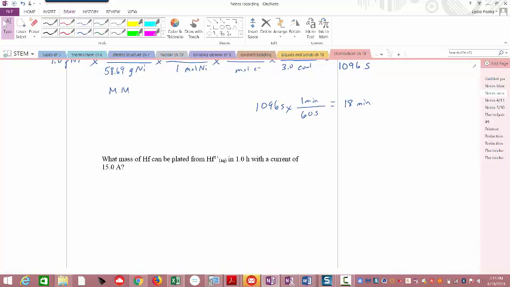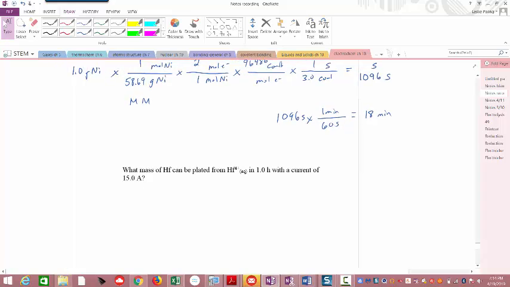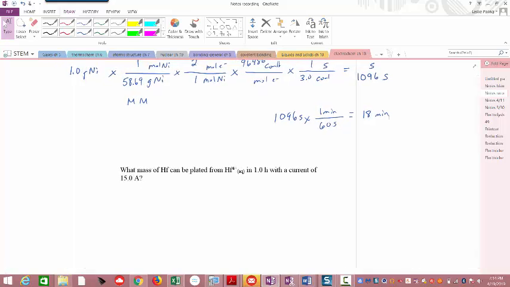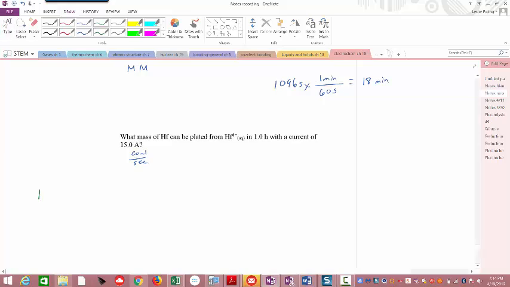So our other type of problem is the opposite of this. It's going to start with the time and the current. So we have 15 amps. Well, we know that amps is coulombs per second. So we've got to get our hours into seconds. So in 1 hour, that is 60 minutes. And in 1 minute, that is 60 seconds.